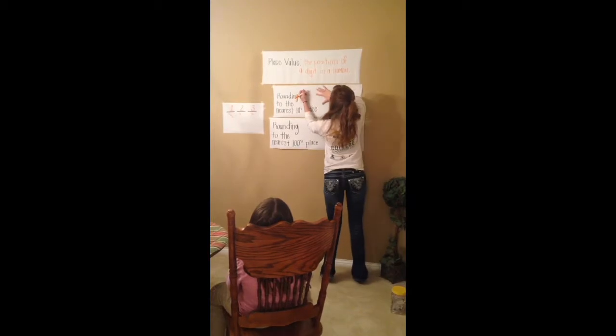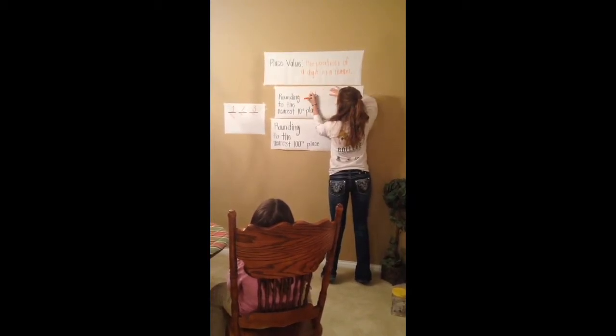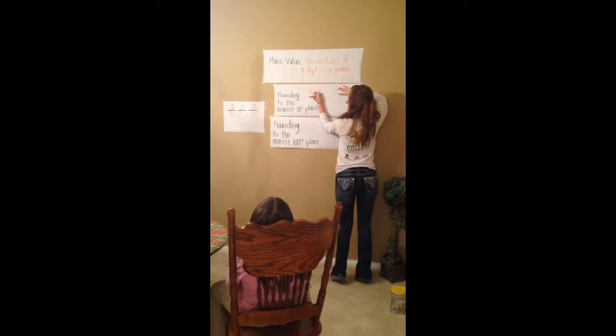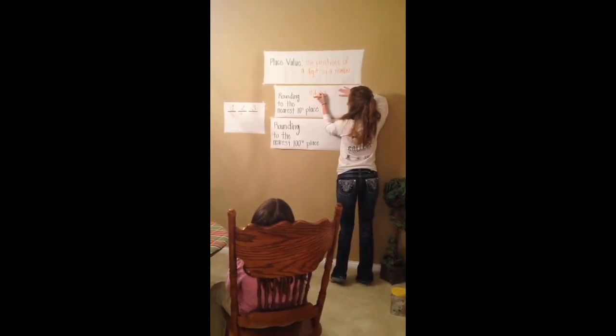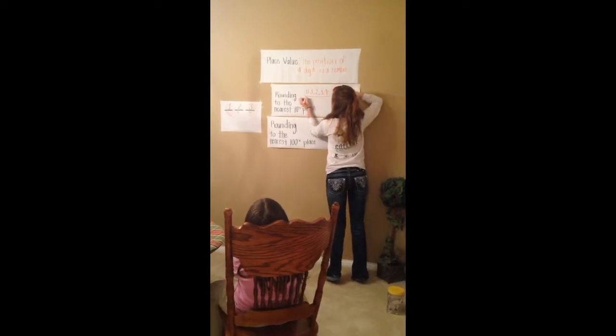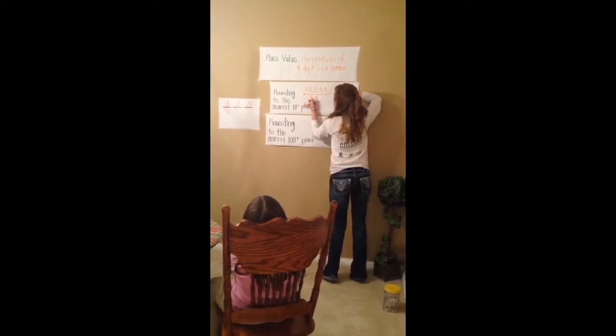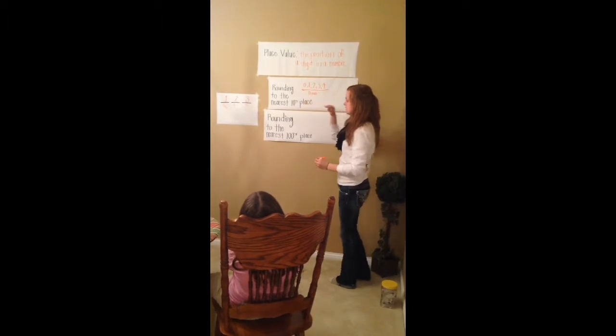If a number is 0, 1, 2, 3, or 4, we round down to the nearest 10 down.